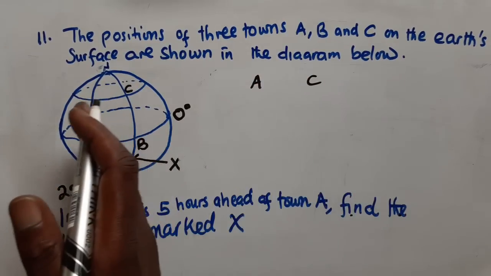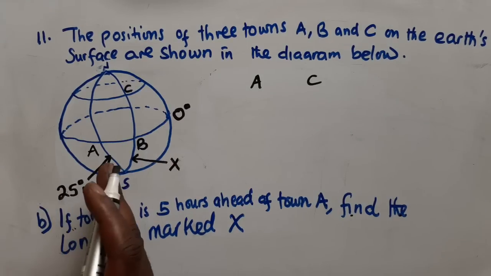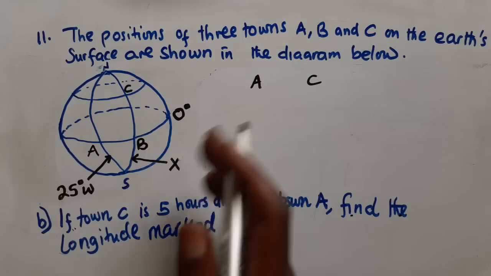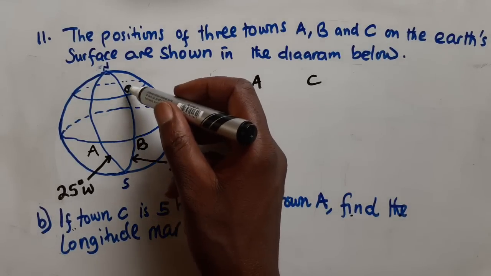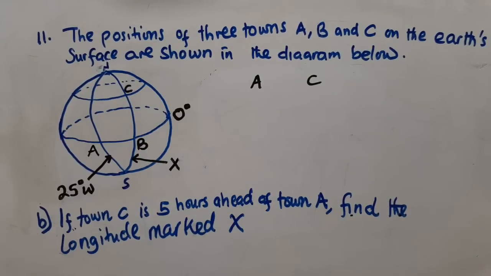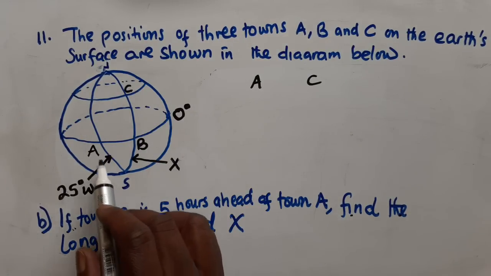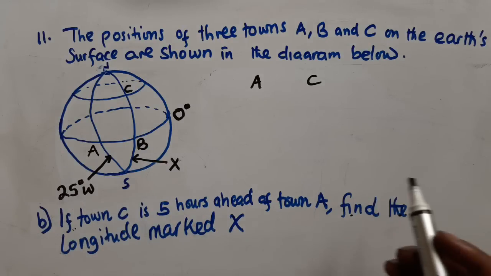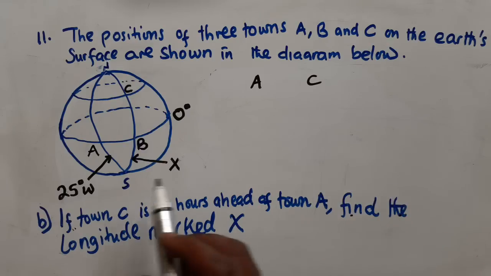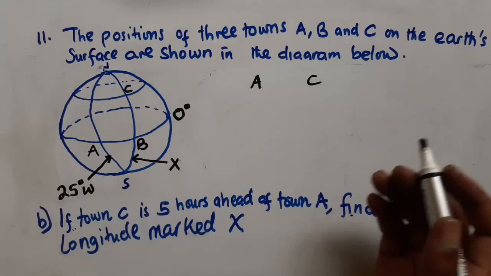A is on the west of C. And then you should also note that B and C have the same time, isn't it? And you should also note that after 15 degrees, we have an hour. So definitely we know that this is going to be in the east.